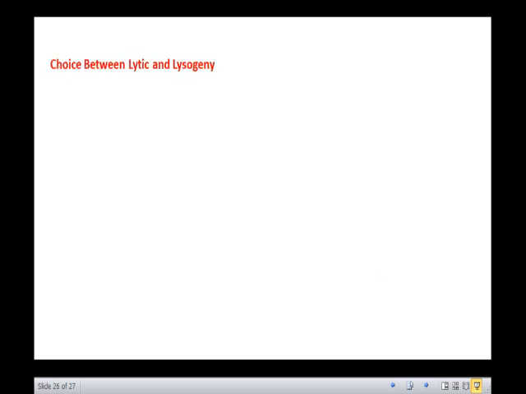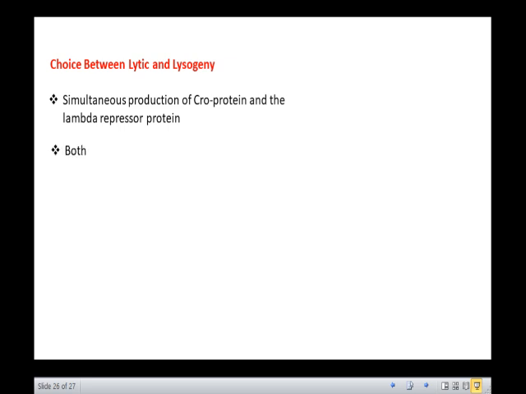One might expect that lysogeny is established every time, but this is not the case, as we have just seen. The question is, what decides whether a given cell infected by lambda phage will enter the lytic cycle or lysogeny? There is simultaneous production of CRO protein by the CRO gene and the lambda repressor protein by the C1 gene, both being repressor proteins.